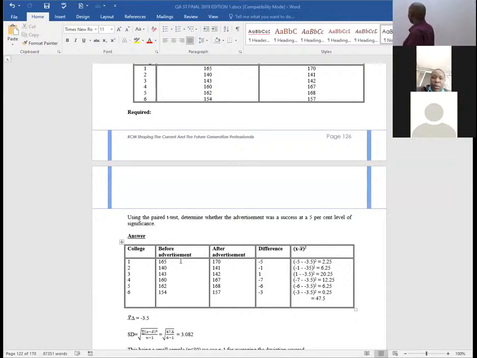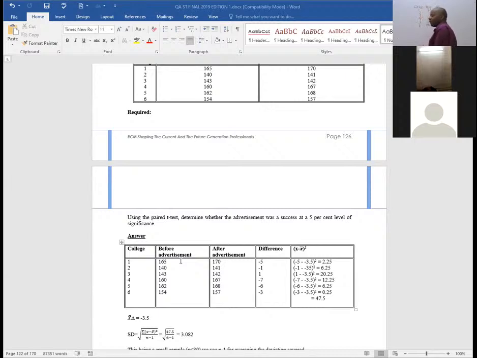So we have college here. Paired t-test, I love paired t-test. So 1, 2, 3, 4, 5, 6. And then we have before advertisement versus after advertisement. Before advertisement we have 165, 140, 143, 160, 162, 154.